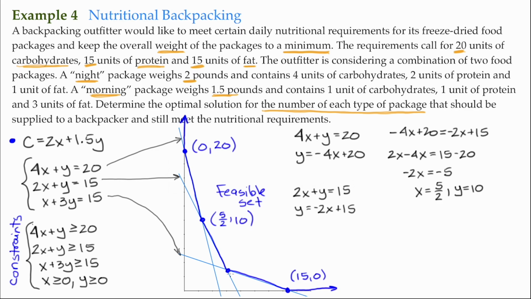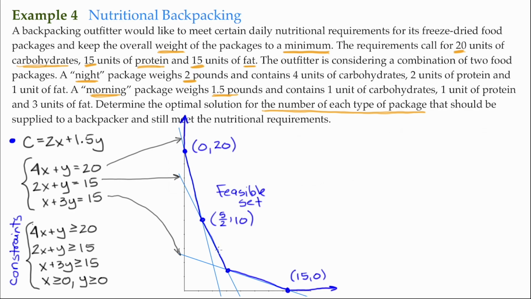We do the exact same thing for this one down here. So we have this line here, 2x plus y is equal to 15. We write that in slope-intercept form. y is equal to negative 2x plus 15.